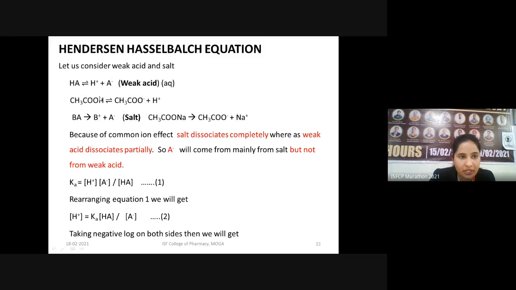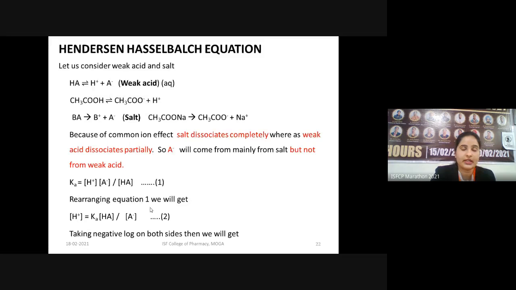For an acid, it is known as dissociation constant. For an acid it will be nothing but the concentration of the ions divided by the concentration of the acid. On rearrangement, we will be taking the concentration of protons on one side and the concentration of all the remaining anions and acid on the other side.